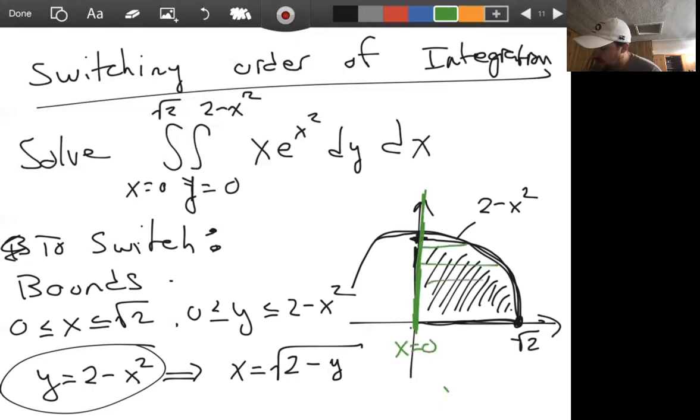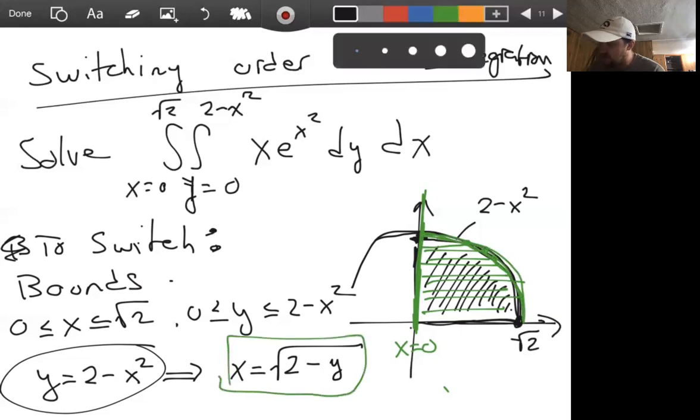Well, depending on what y value you pick, where you end is going to be different, and it's a function, right? And so the upper bound, we know the upper bound. It's this function we just solved for. And so our new x bounds are x goes from 0 to root 2 minus y.